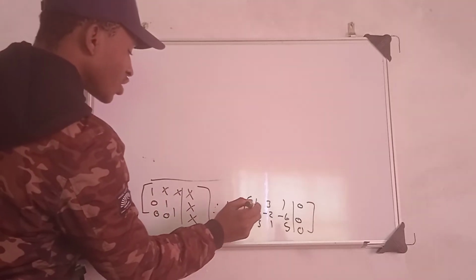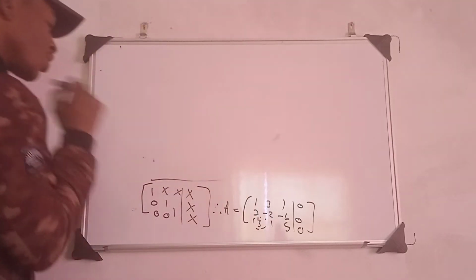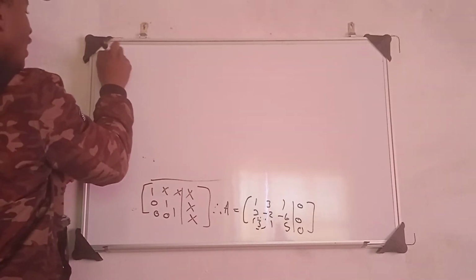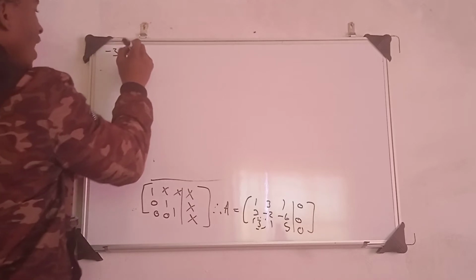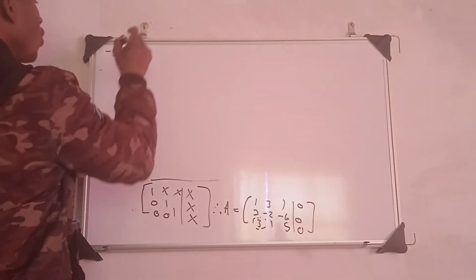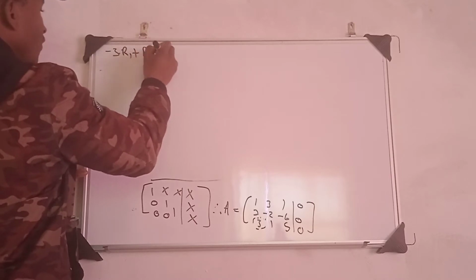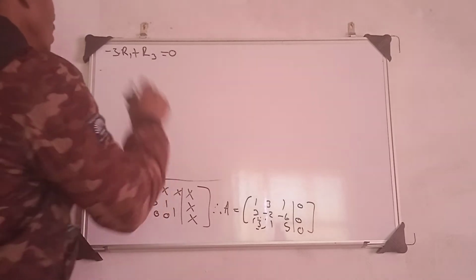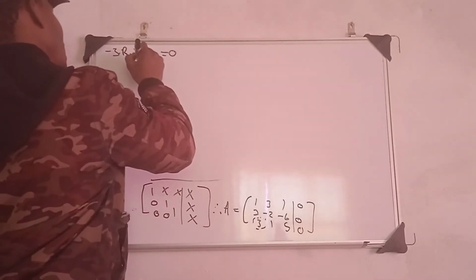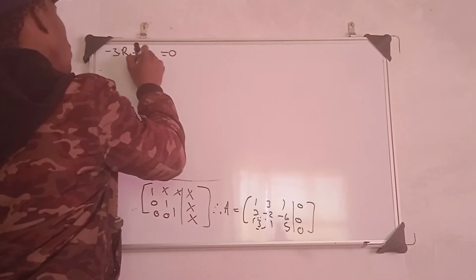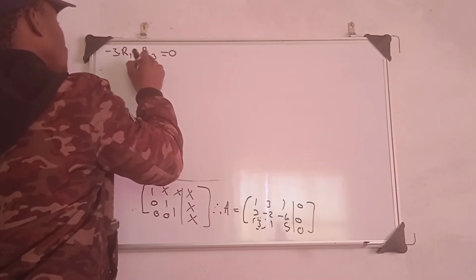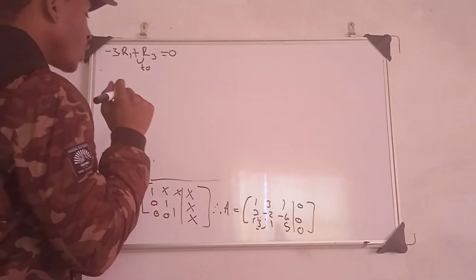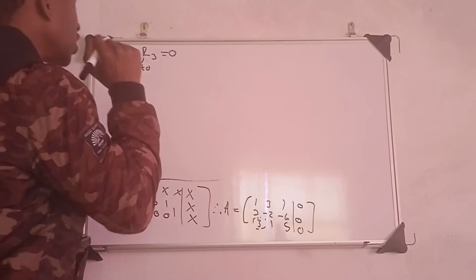So right now, let's target this entry. How can we make this entry 0? If we take minus 3 and multiply it by row 1, and then add it to row 3, then on the third entry we must get 0. So guys, remember that I'm adding row 1 to row 3, so the only row that will be changing is row 3.